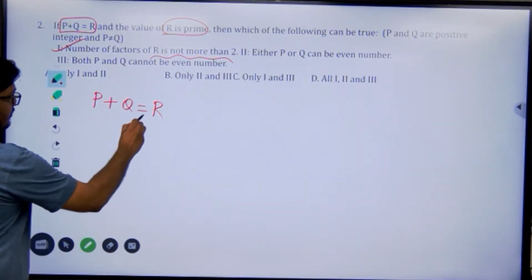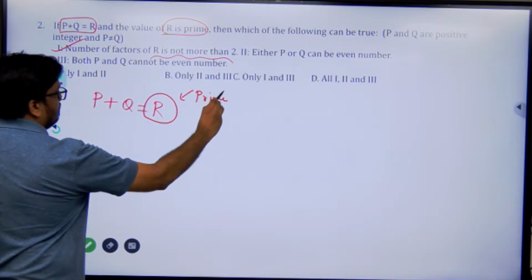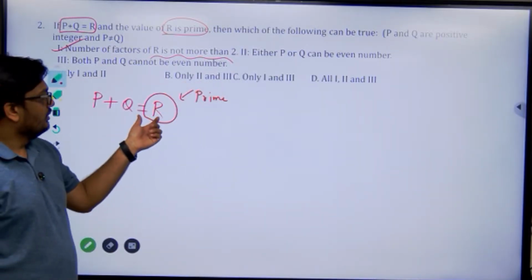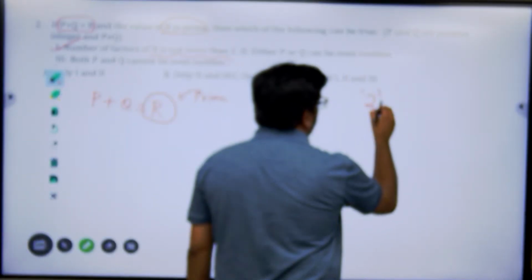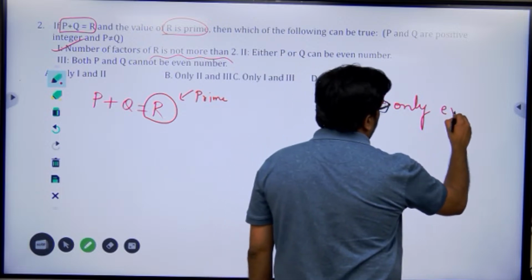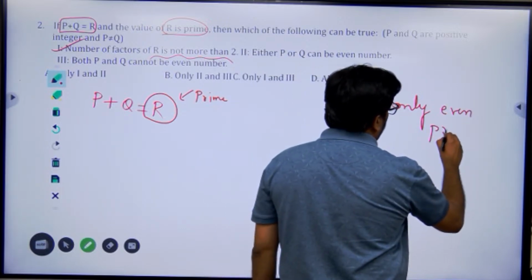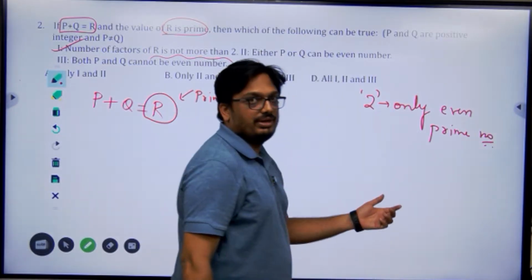Listen here. R is prime means except 2, because 2 is the only even prime number.